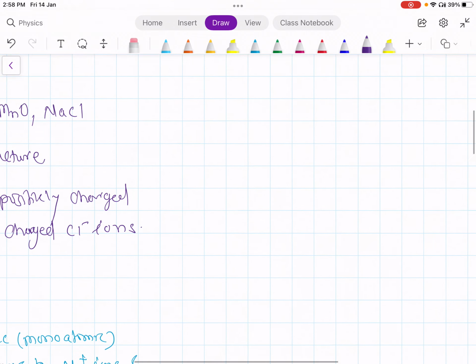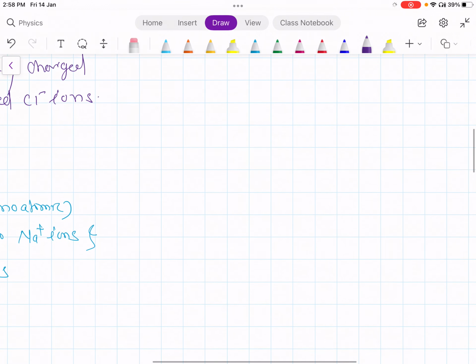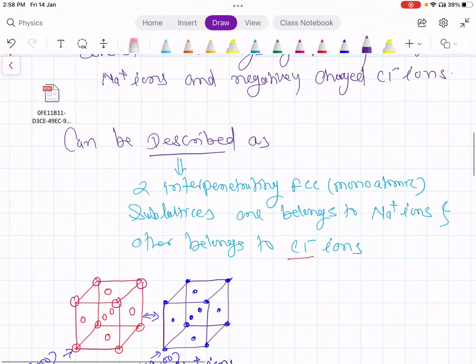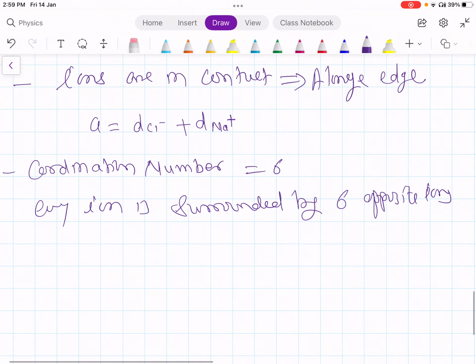Or you can see that in the octahedral hole, all these are at the same distance. So this cation is surrounded by six anions. So sodium is surrounded by six chlorine ions, or it can be chlorine ion surrounded by six sodium ions. And so the coordination number is 6.